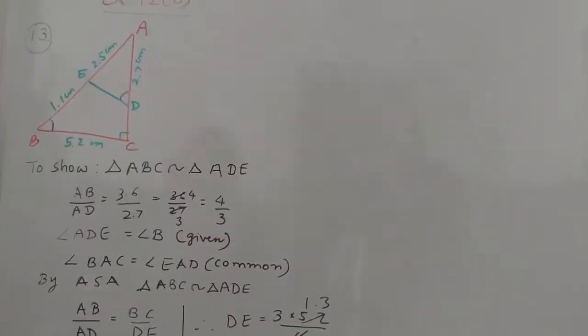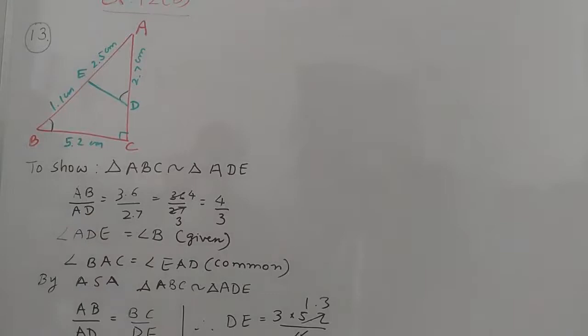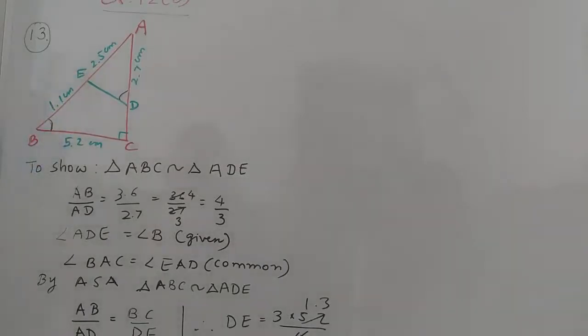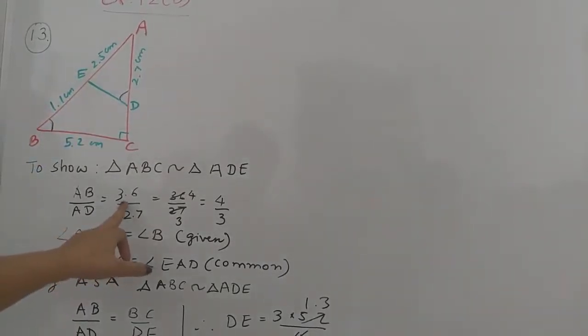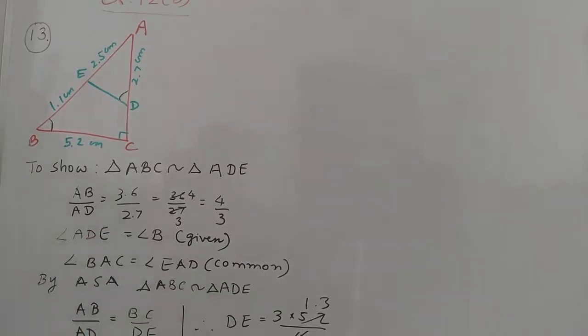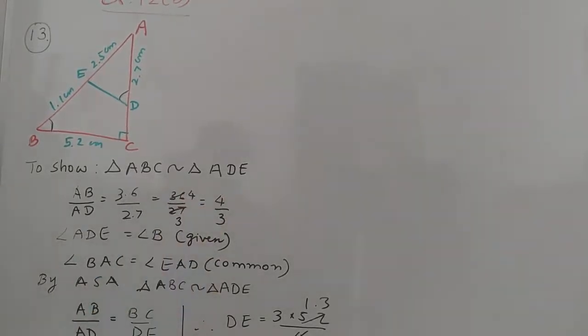For that, I have taken the AB ratio AD, corresponding sides ratio. So AB value is AE plus BE, that is 2.5 plus 1.1, 3.6. The total is 3.6 and AD value is 2.7. So you can see the decimal point removed, 36 upon 27, and it is cancelled by 9. So I get 4 by 3.